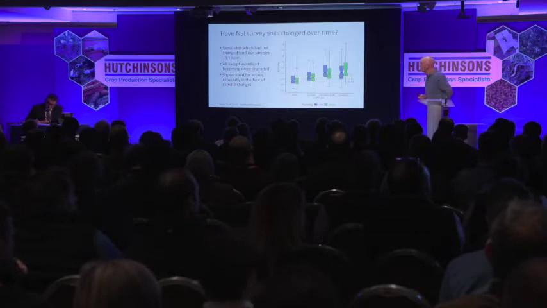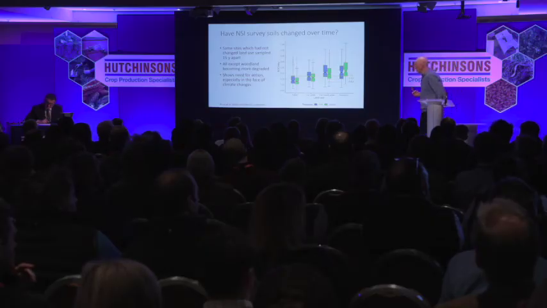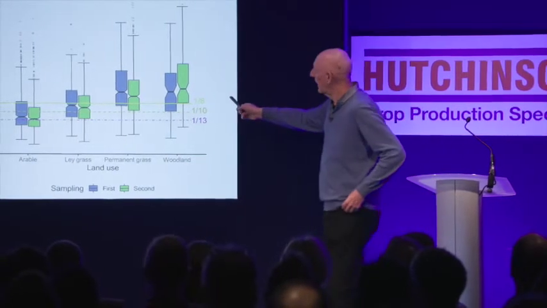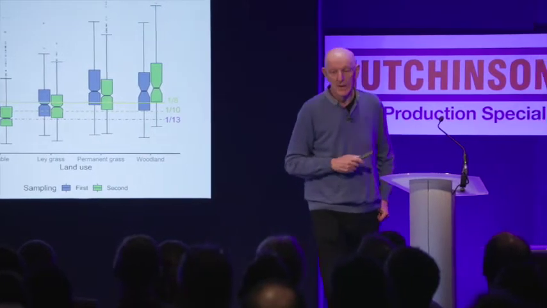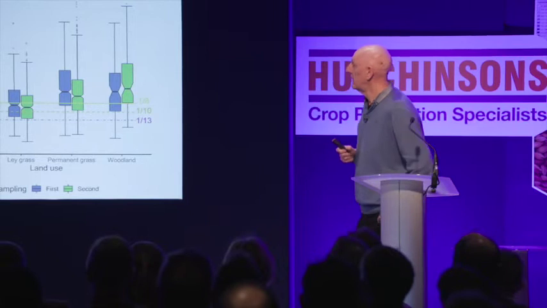So the next question was, has the survey changed over time? We actually chose some of the sites which had not changed land use over 15 years. They were resampled. And actually this summarizes that all except the woodland here, because this is the first one, this is the second one. After 15 years, all of them were becoming more degraded.